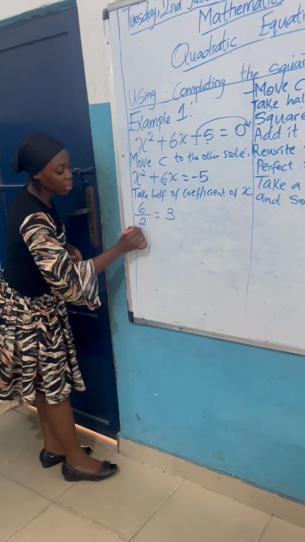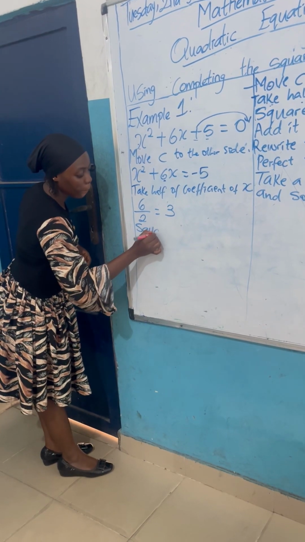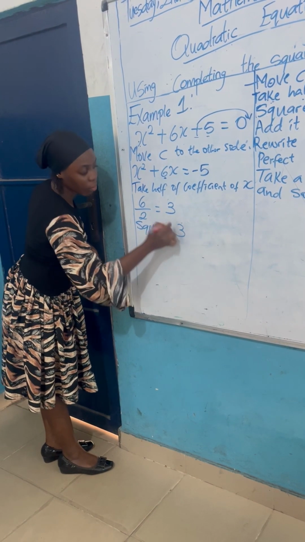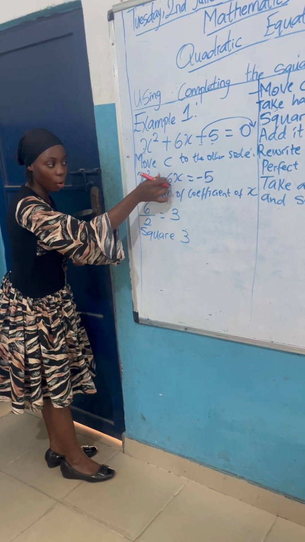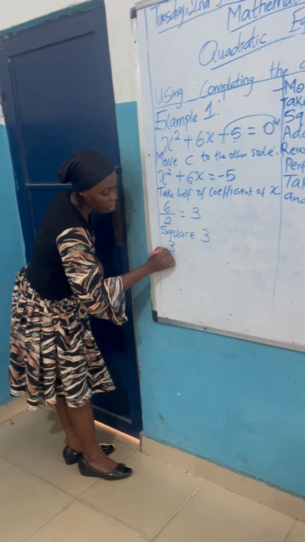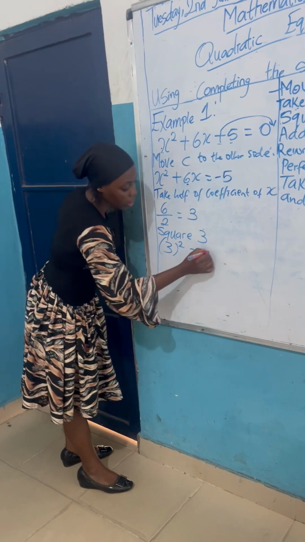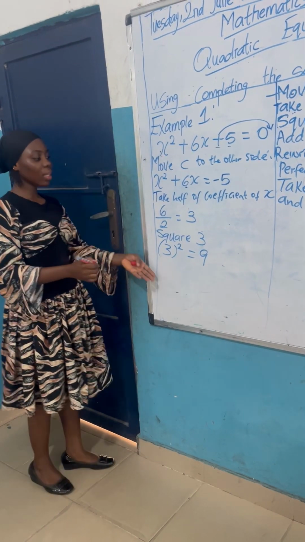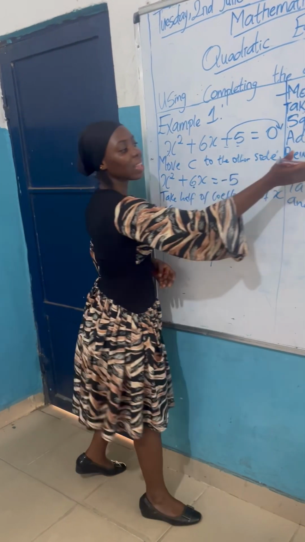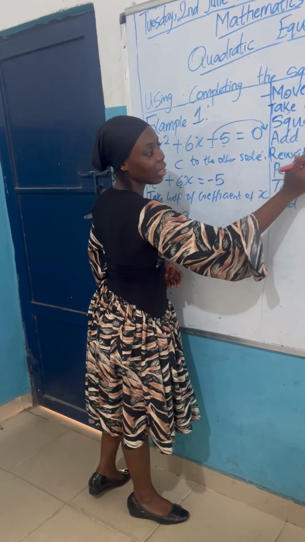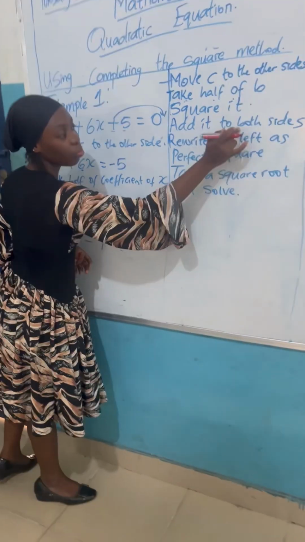Now the next step is square 3, which is the half of 6, and 3 times 3 is 9. So the next step is, we add this to both sides.